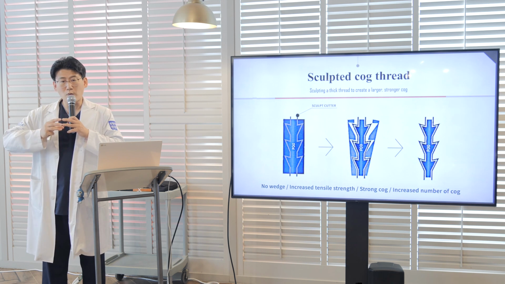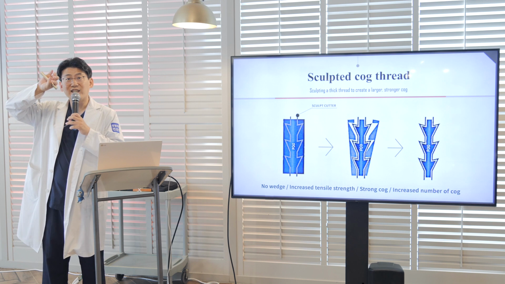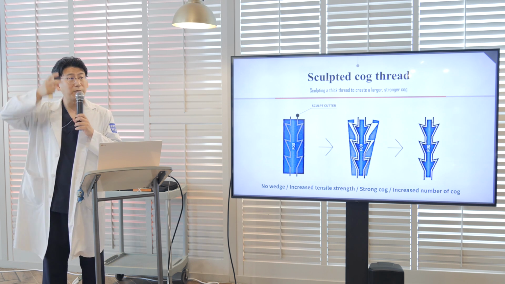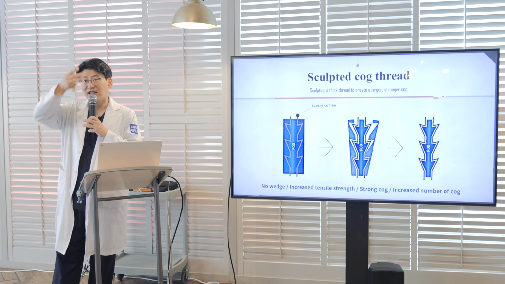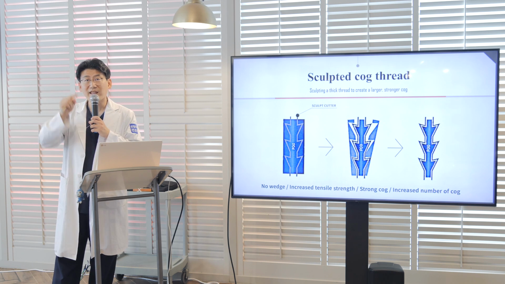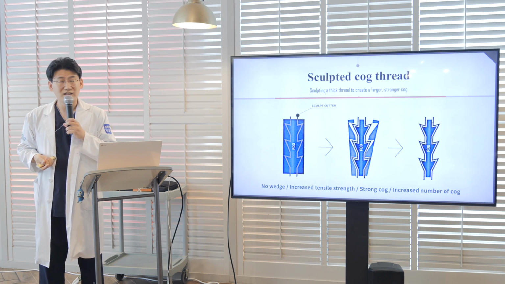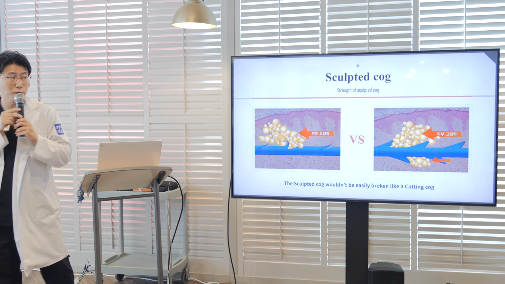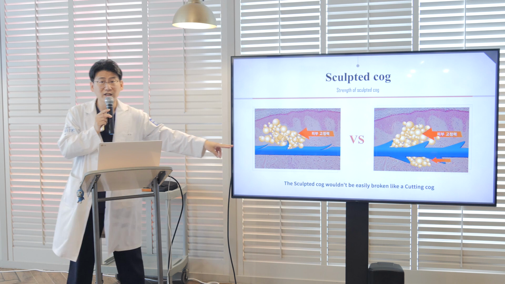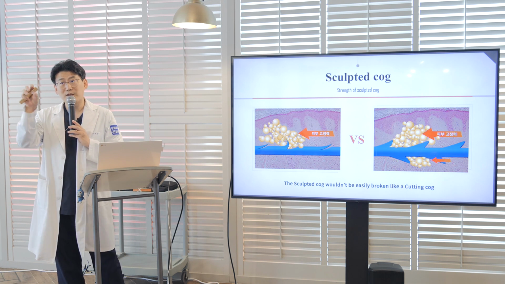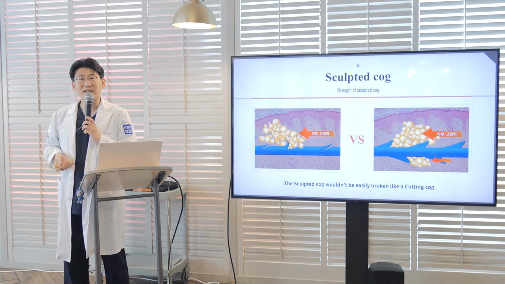With 1/4 thick thread, they sculpt out useless part to create undamaged main stem and big and strong cog. So there is no damage on main stem, different from the cutting cog. It can catch more tissue, it cannot be easily cut.